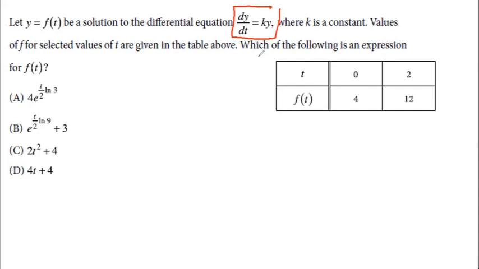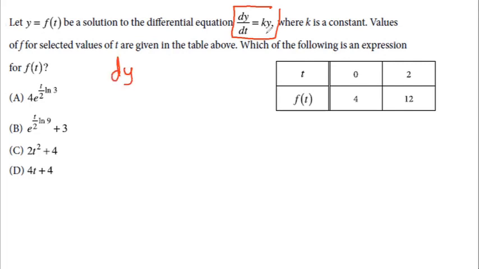So here in the table you have two initial conditions. These two initial conditions will help you get the constants. And since you're given two conditions, you expect to have two constants in your solution.